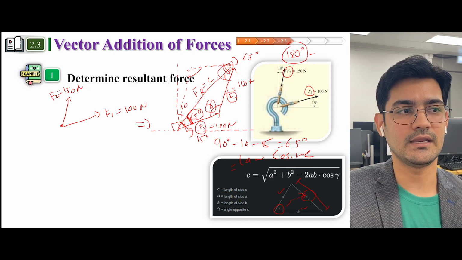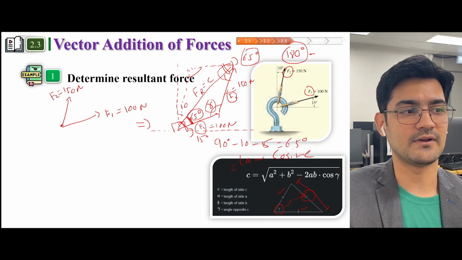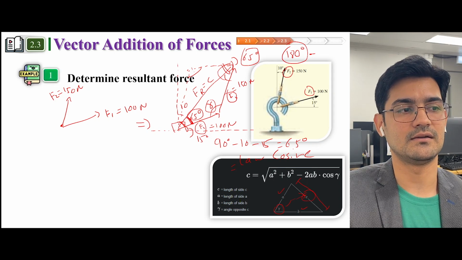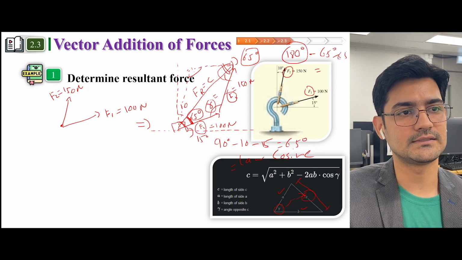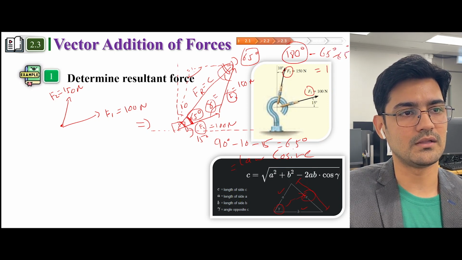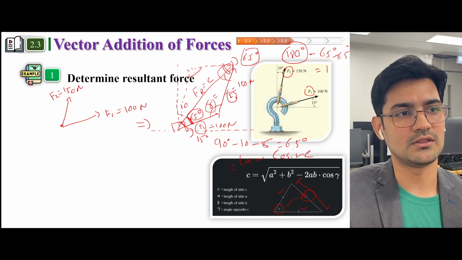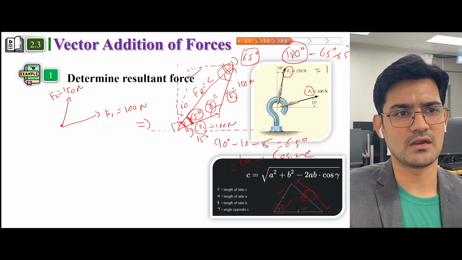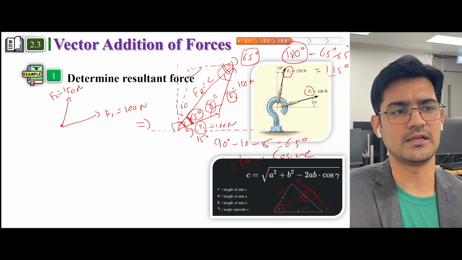So 180 degree, minus 65 this, minus 65 this, you will get this gamma angle. So you have to subtract 65 degree 2 times, and that's going to come up with, I guess, 115 degree or something like that.